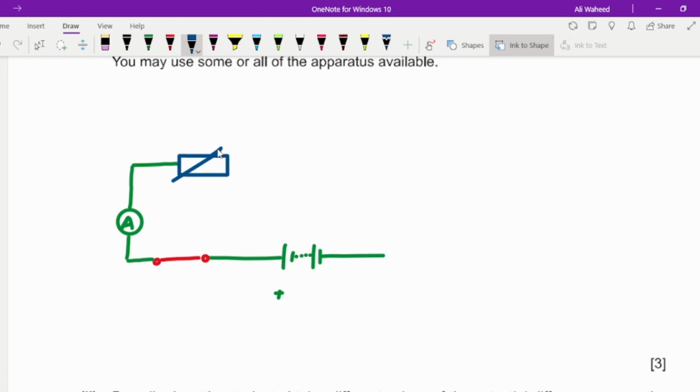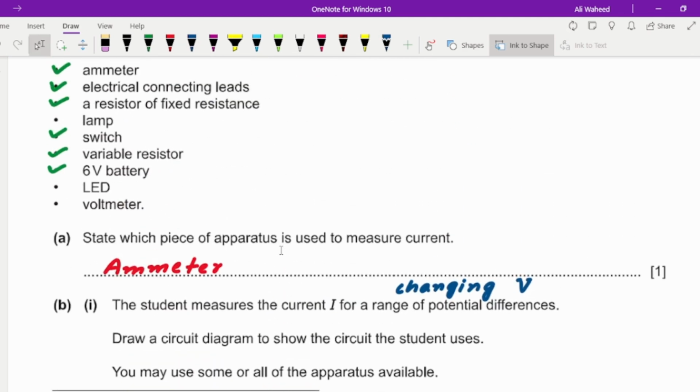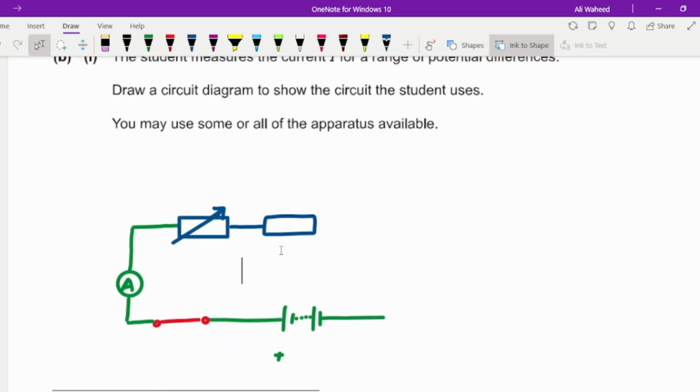This is a variable resistor by which we can change the voltage across the fixed resistor. And here's the fixed resistor. Yeah, here's the fixed resistor, and then we complete the circuit.